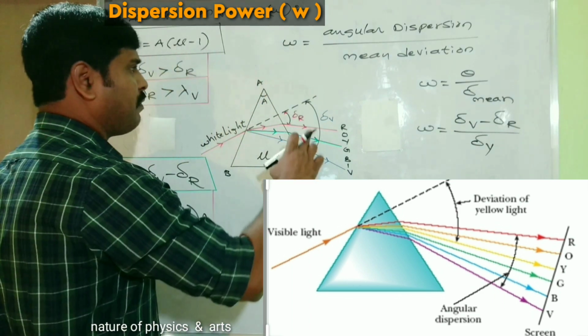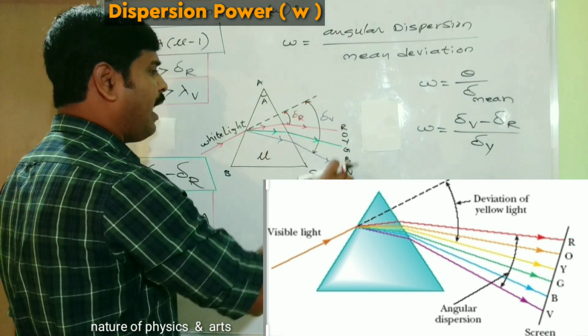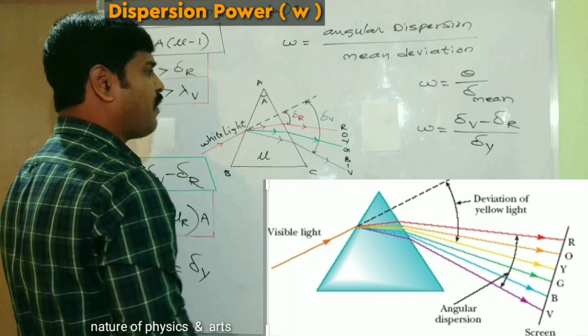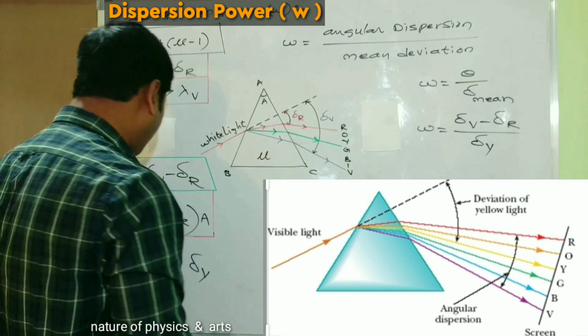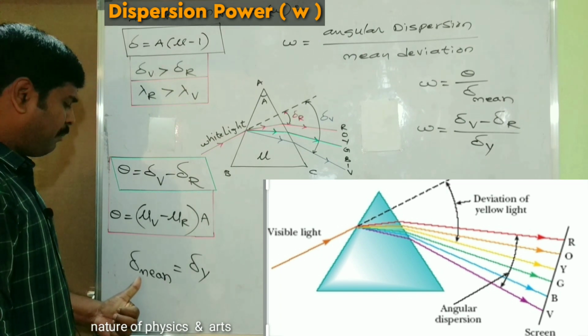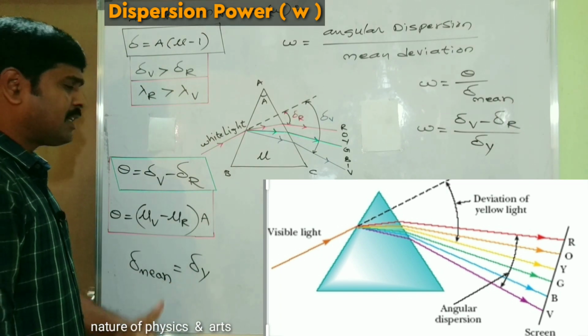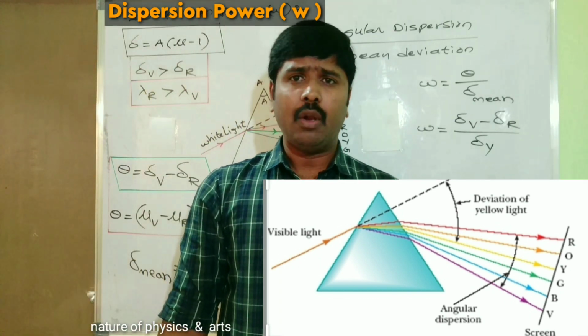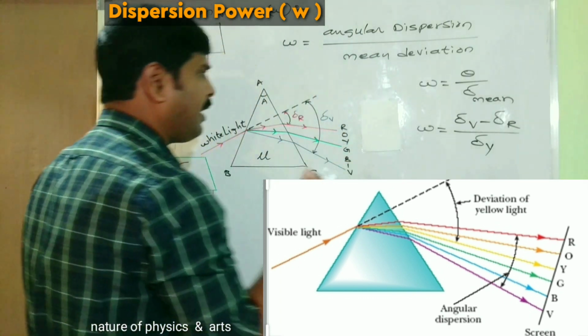So here the wavelength of red color is more and the wavelength of violet color is less, and the wavelength of the average color is yellow color. That's why del mean is taken as del y, that is the deviation angle of the yellow color. Try to understand.